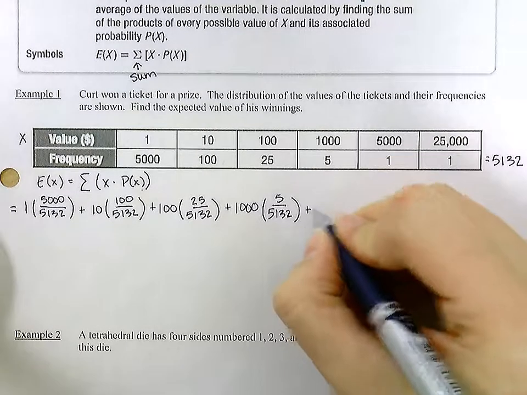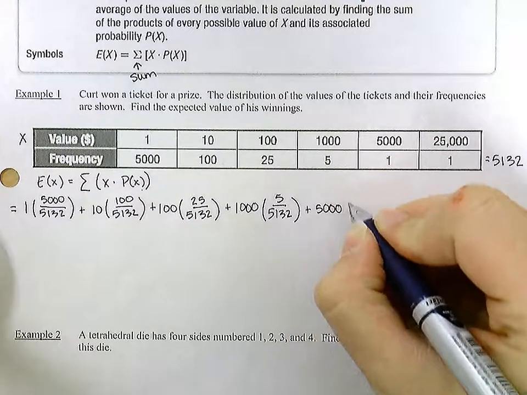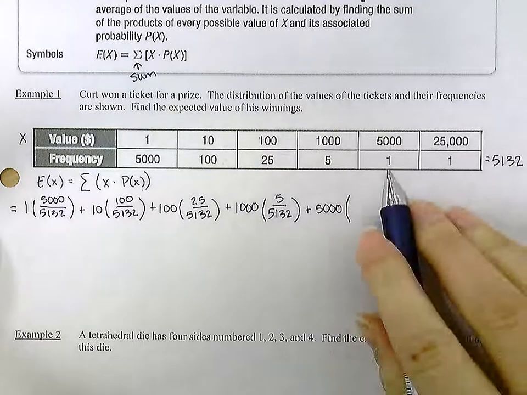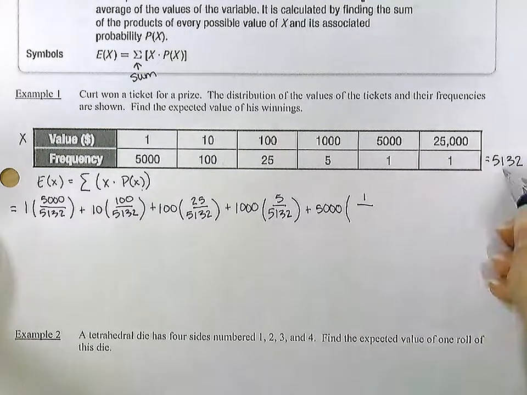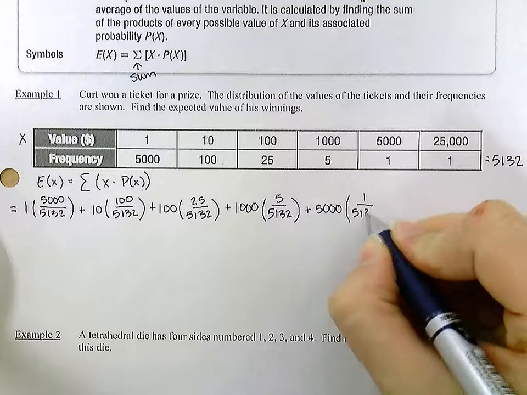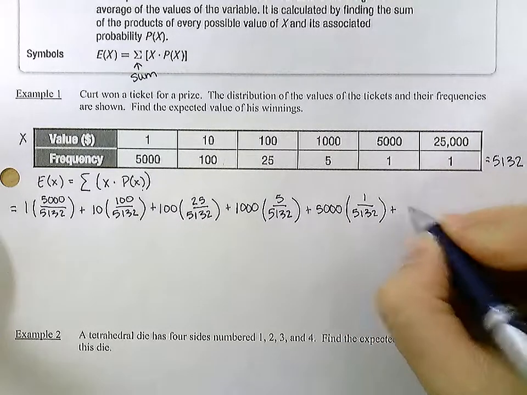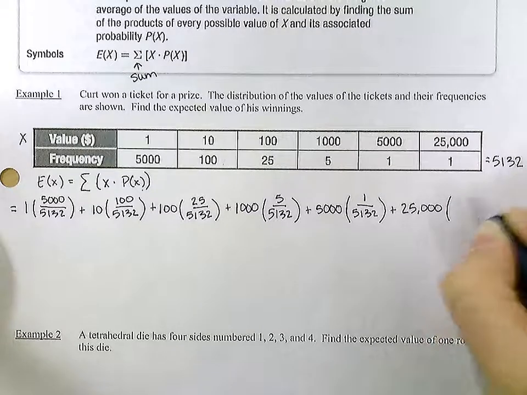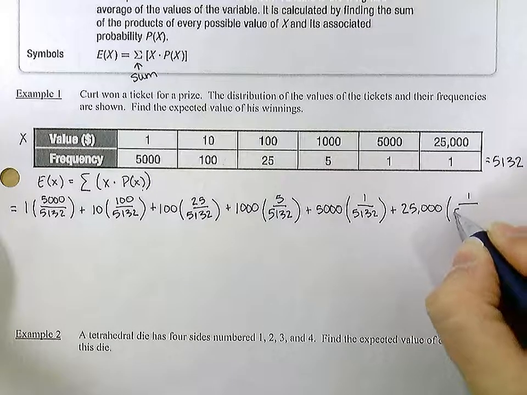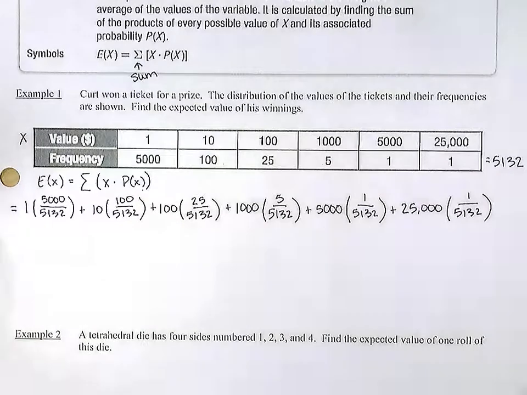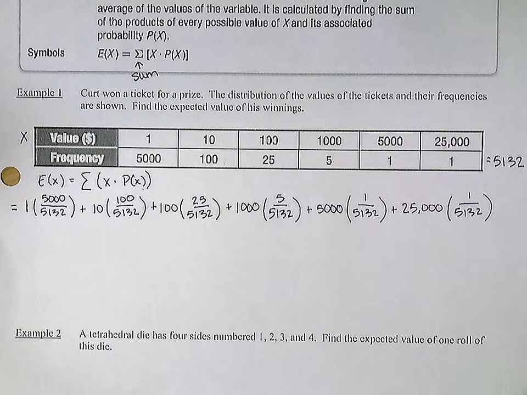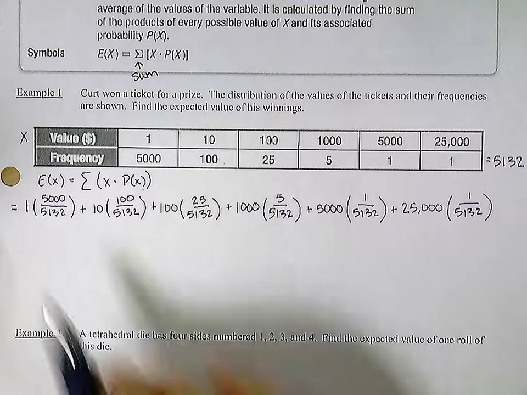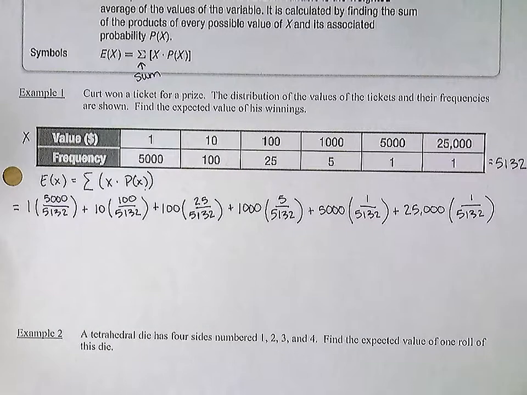Our next x value is 5,000. Our frequency there was 1 out of 5,132. And then the last one is 25,000. And again, that frequency is 1 out of the total, 5,132.